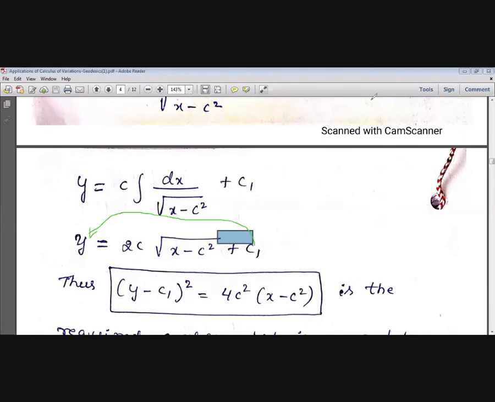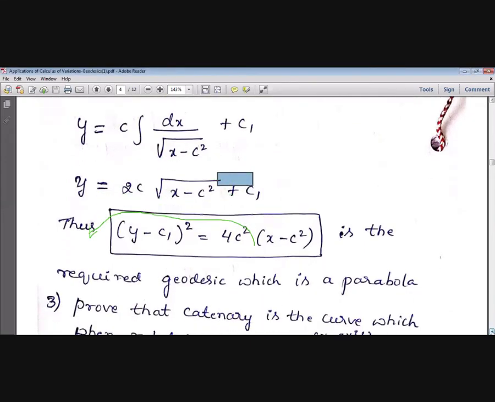Okay, this is the answer. Yes, parabola equation. So this is the equation for a parabola. The required geodesic is a parabola.